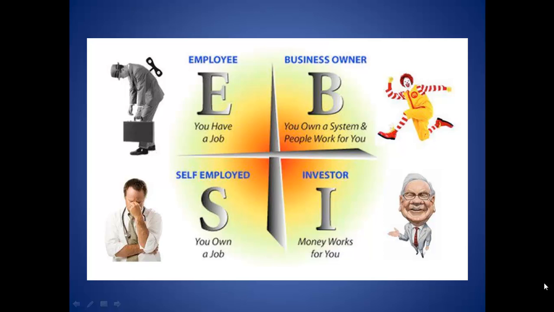The bottom left is self-employed, or the S quadrant, which really has to do with what I would call specialists, right? Doctors and dentists, attorneys, accountants, small business owners, and mom-and-pop businesses. It may be a dry cleaner, someone who owns an auto repair shop.